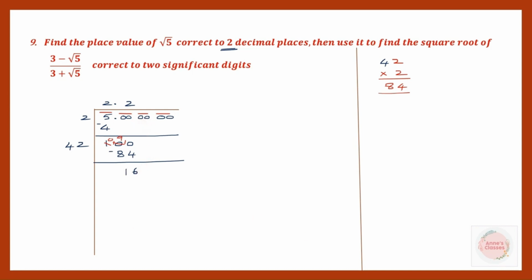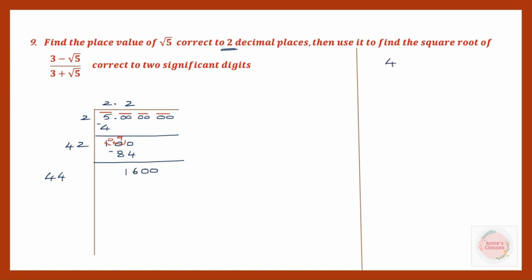Let's put it here. So we have 2. Now our number is 1600. Let's multiply 22. So we're ignoring the point, reading it as 22. We're doubling it, so multiplying it by 2. That is 22 into 2 is 44. Now we have to put a digit next to 4 to get a number close to 1600.